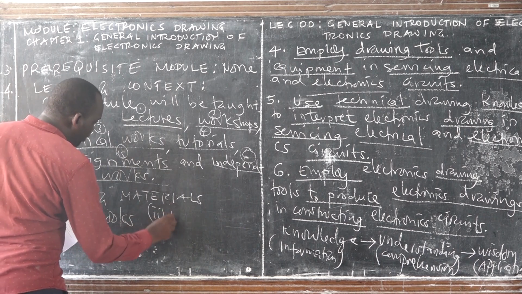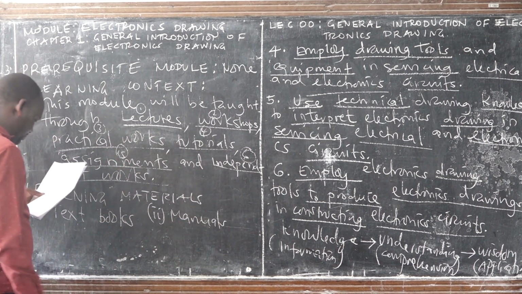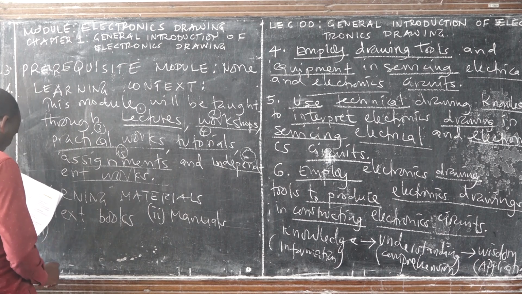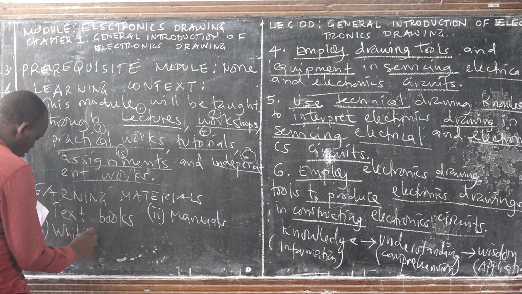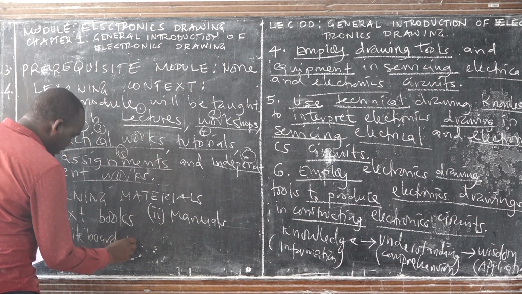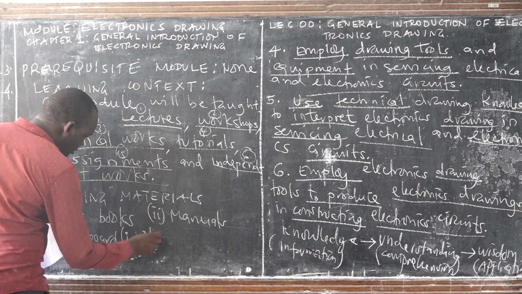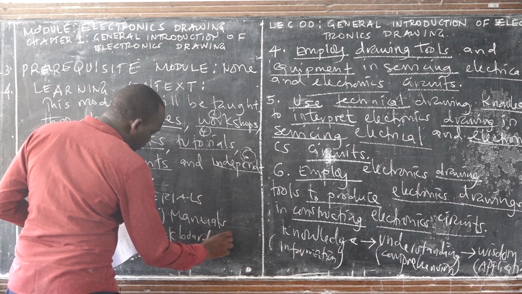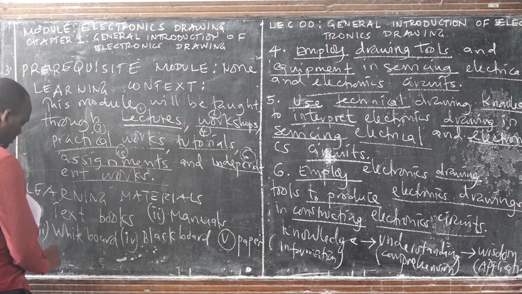The second learning material is manuals. The third learning material for this module that you need to have is whiteboard. It means for teaching. Also, the next learning material that you need, blackboard, in case of teaching. Also, you need other learning materials, papers.